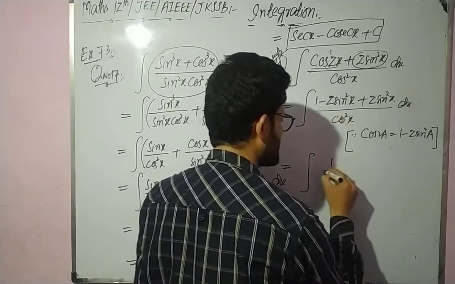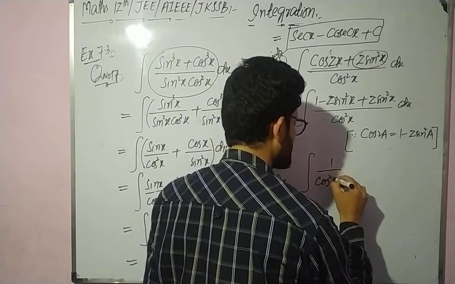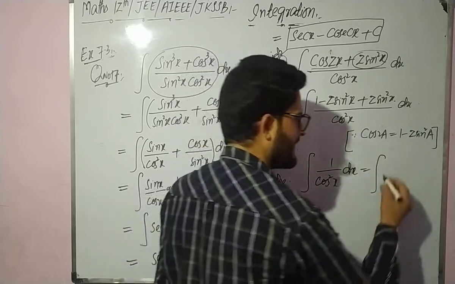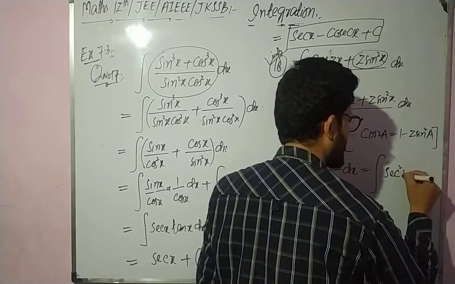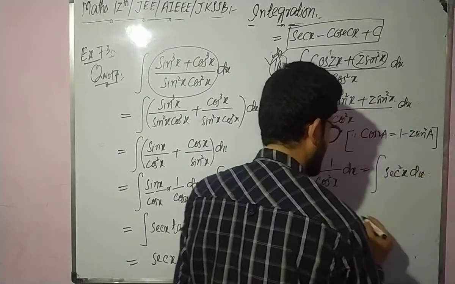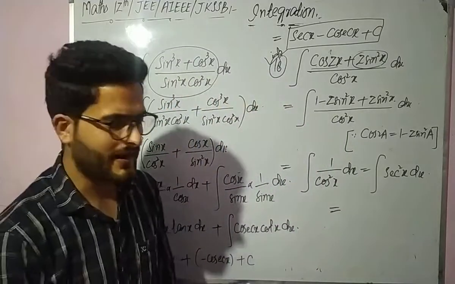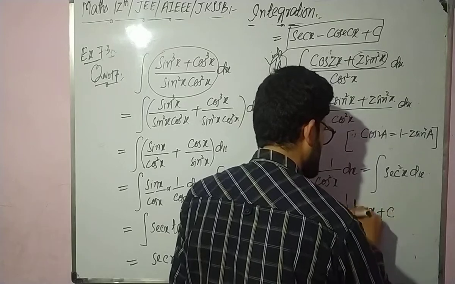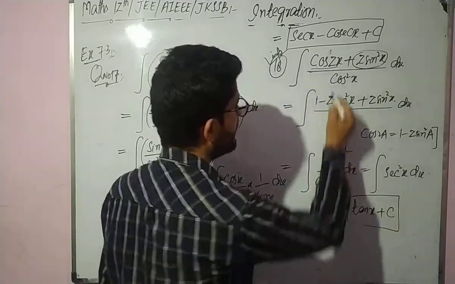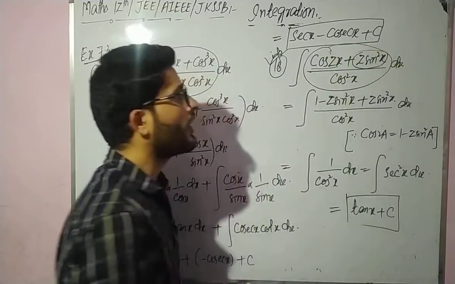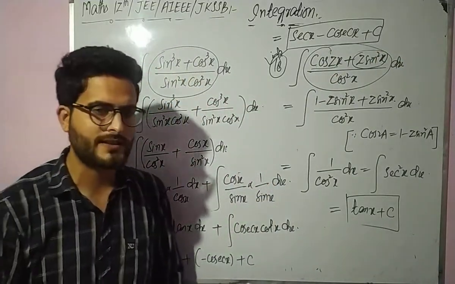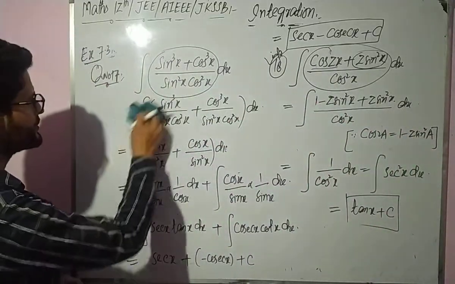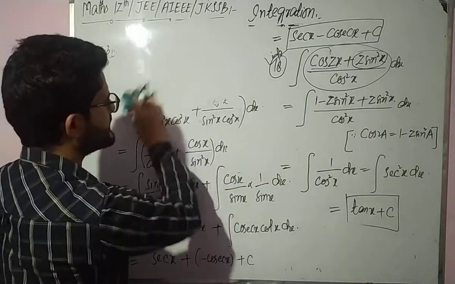The remaining result is 1 divided by cos square x into dx, and that is equal to integration of 1 by cos is obviously sec, so that is sec square x dx, and the integration of sec square, it's a standard integral, and its answer is directly tan x plus c. So tan x plus c would be the required antiderivative of cos 2x plus twice sine square x divided by cos square x. Now move on to the next question, and that is question number 19 of the same exercise.